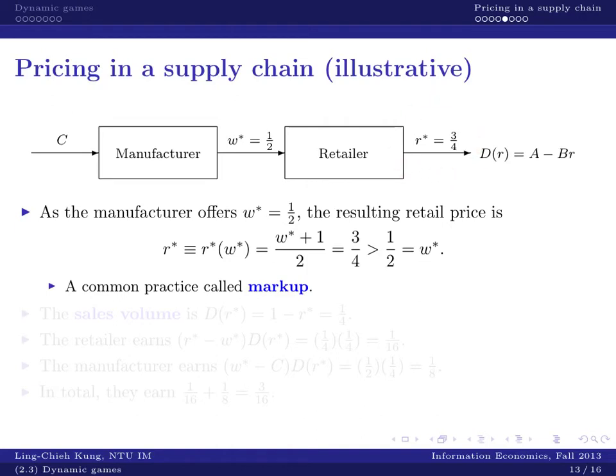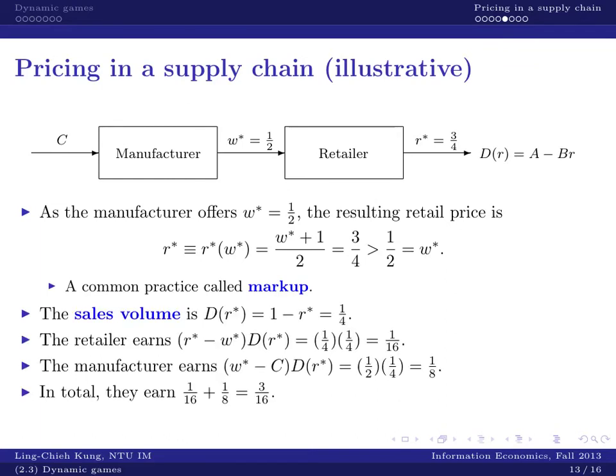We can observe one thing: 3 over 4 is greater than 1/2, and 1/2 is the wholesale price. That means the retail price is higher than the wholesale price. This is a common practice called markup. As a retailer, given a wholesale price, I must add something to get my retail price so that I may earn some money.